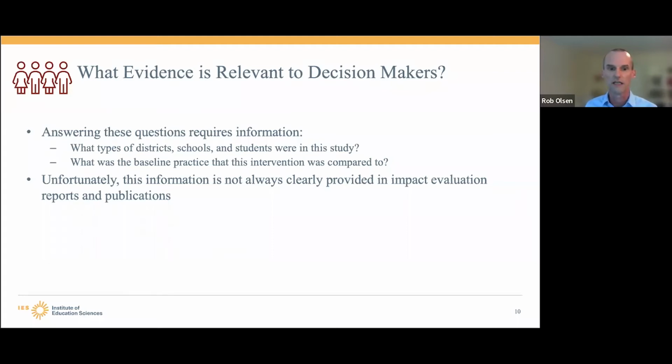The second thing they need is information on baseline practices, or the counterfactual for the study, to see how it compares to baseline practices or the counterfactual in the decision makers' districts or schools. Unfortunately, this information is not always available in impact evaluation reports and publications, which sometimes makes it difficult for decision makers to assess whether the evidence is relevant to them. Next slide, please.